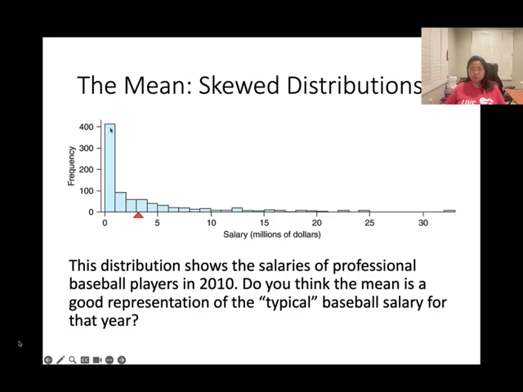But if we add up all the data and find the mean, you'll find the mean is about 3.1 or 3.2 at this point. So we can see the mean is not a good representation of the typical value when you have skewed distributions.